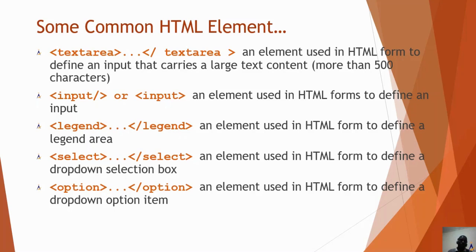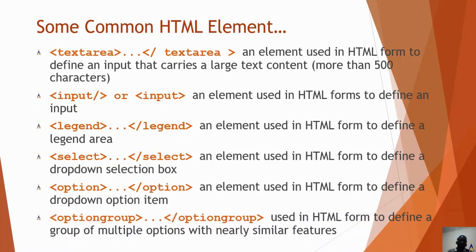Also we can have groups of fruit, let's say apple, orange, pineapple. Those are groups of fruits. So to define those different groups, we use optgroup. So an option group is just a group of options with similar features, if not similar names, but with similar features or characters.